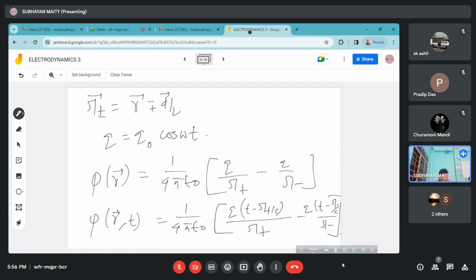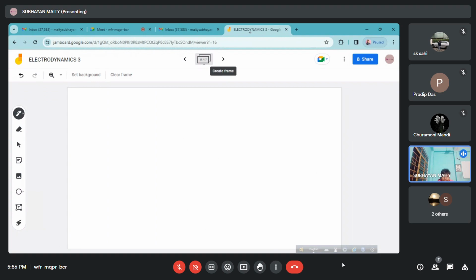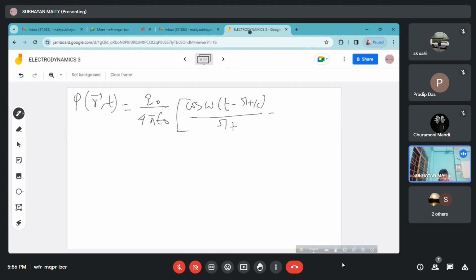The retarded time of the plus Q charge will be t minus R plus by c, and here it will be t minus R minus by c. So from here you can write phi(R,t) is equal to Q naught by 4 pi epsilon naught, cos omega (t minus R plus by c) by R plus minus cos omega (t minus R minus by c) by R minus.